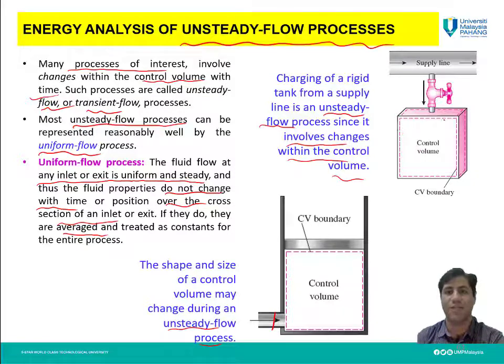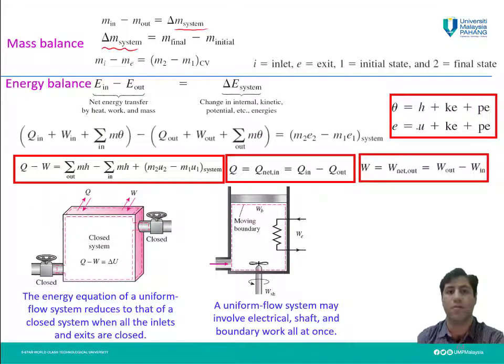Then in the final state, we assume the tank is filled completely by the fluid. Then the final mass is M final, which is the whole mass of the gas inside the control volume. So delta M of the system is M final minus M initial. We have seen this equation in previous slides as well.